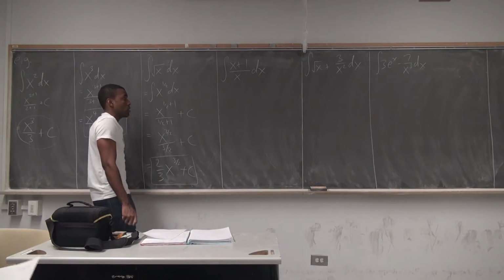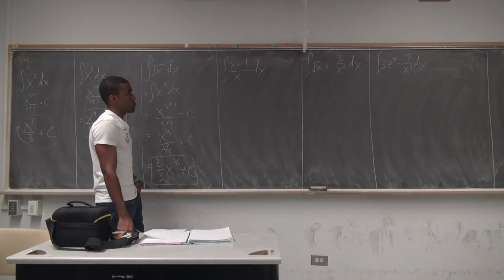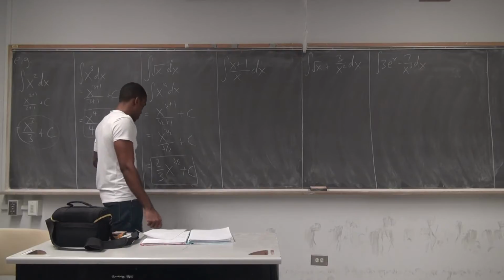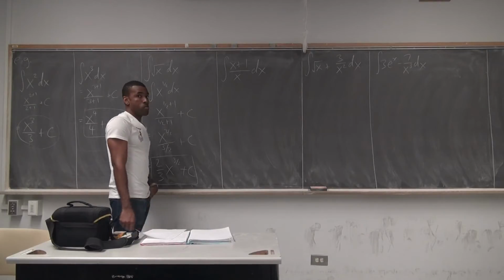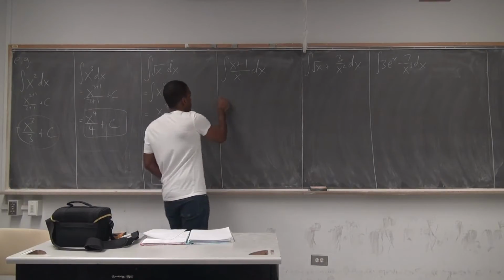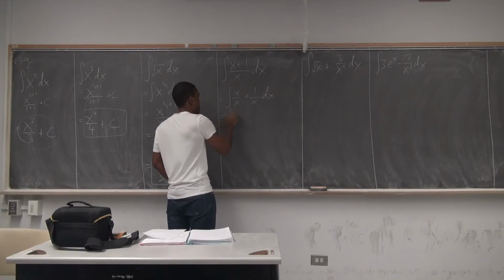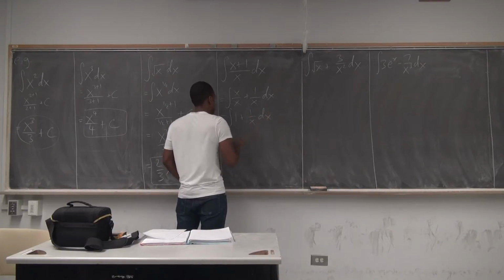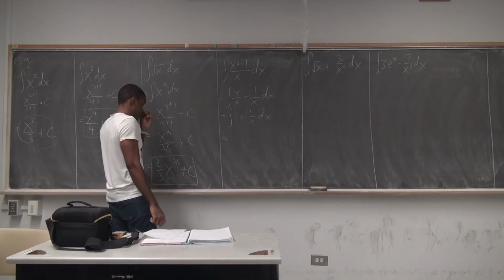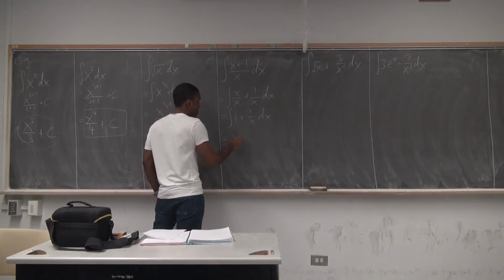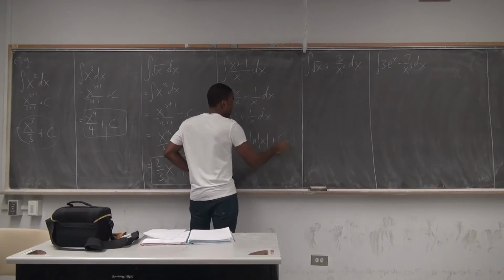And what would you get? X over X plus 1 over X. Then what? Over X. That would have absolute value of x. Very important that you put the absolute value.